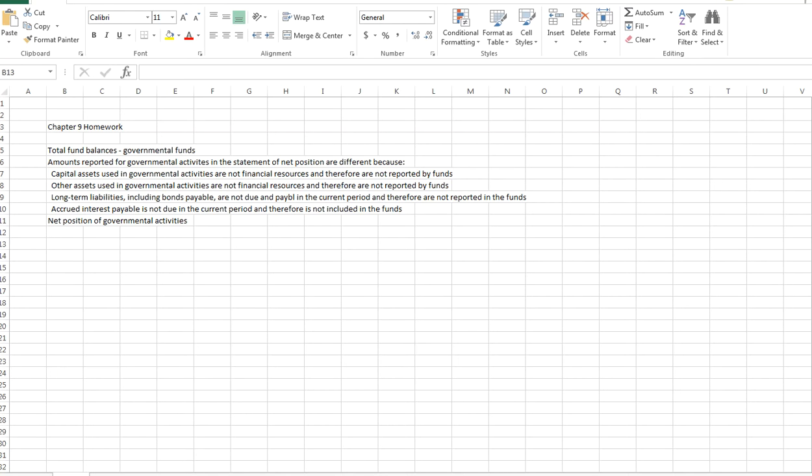So we are doing a reconciliation of the net change in governmental fund balances to the change in net position of governmental activities. And it tells you, hence the illustration 9.8. So we're just going to jump down to that next illustration. And again, you've got your net change in fund balances that is given to you. And you're reconciling that down to your change in net position, which is also given to you in the problem.